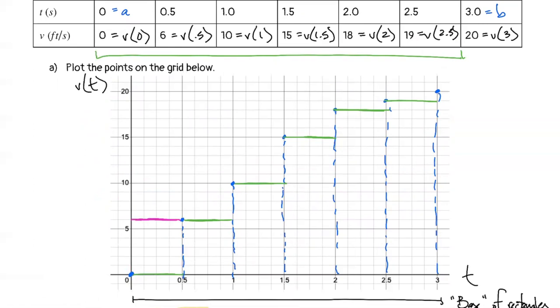So now the height of the first rectangle, if I use right approximation, is 6. What's the height of the second one? Well, it's going to be 10. The third one will be 15. The fourth one will be 18. The fifth one will be 19. And the sixth one will be 20.